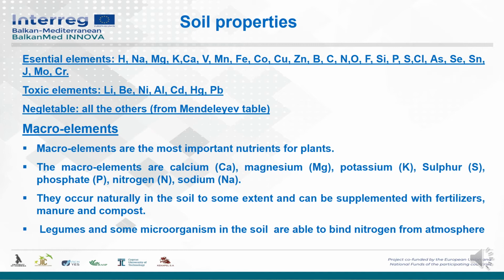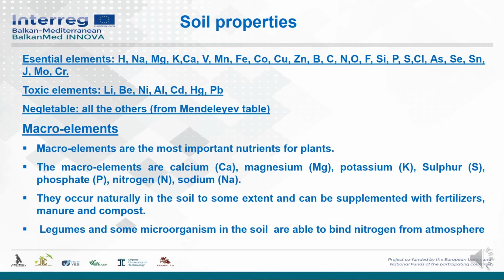The mineral elements that can be taken up by plants are grouped into two big groups: macro elements and micro elements. Macro elements are the most important nutrients for the plants.